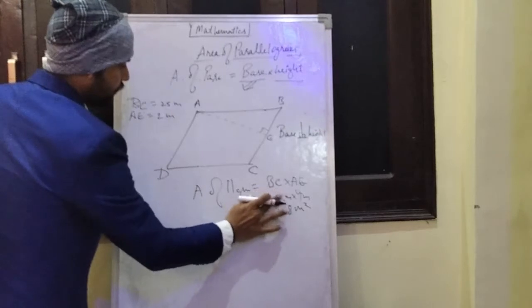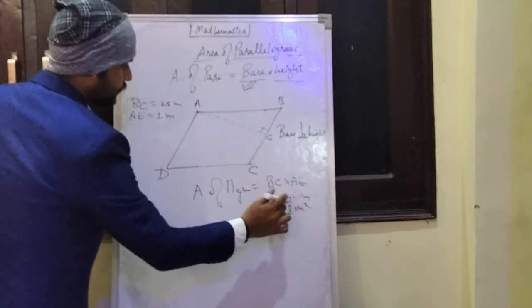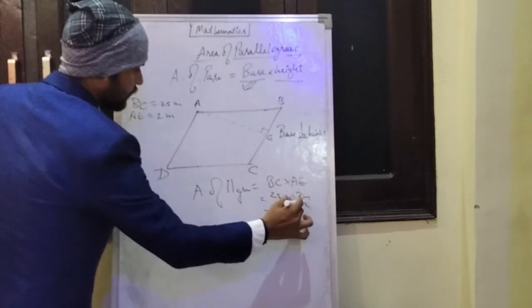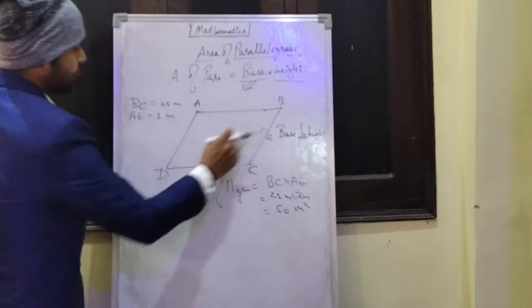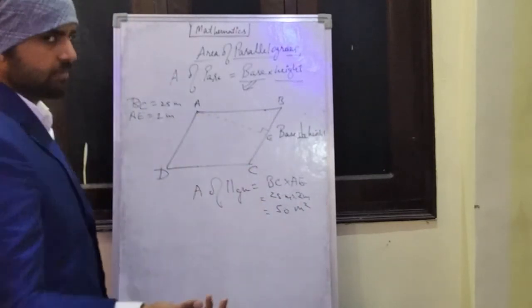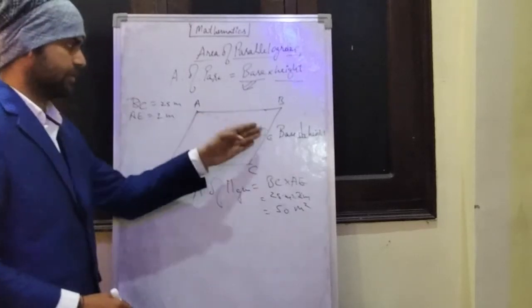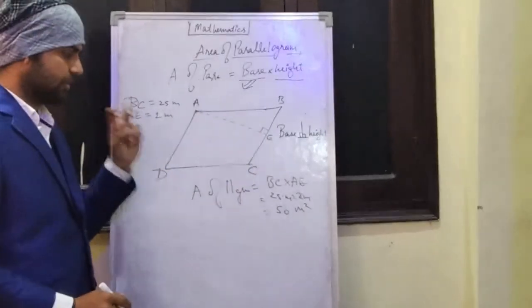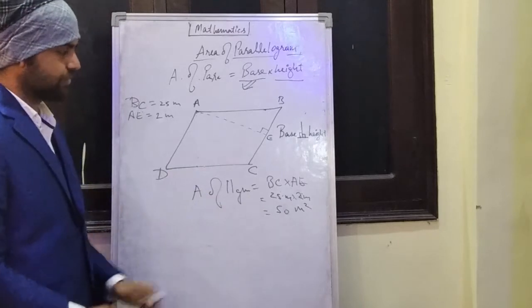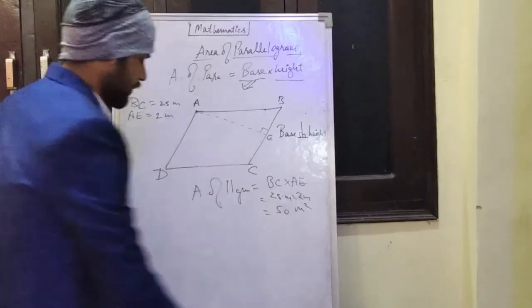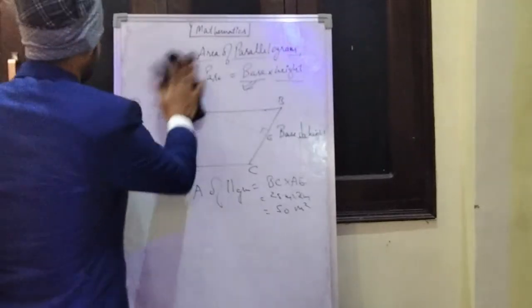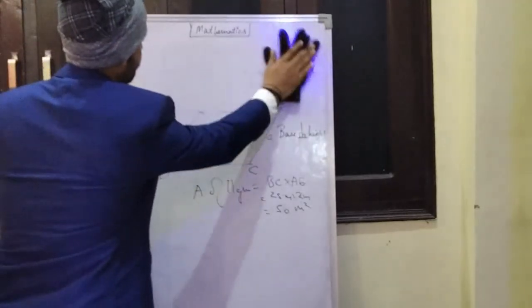So 25 into 2, that will be 50. Since the parallelogram is the same, the area should also come the same. Base and height values may differ, but the area should always come the same, because we are talking about the same parallelogram.